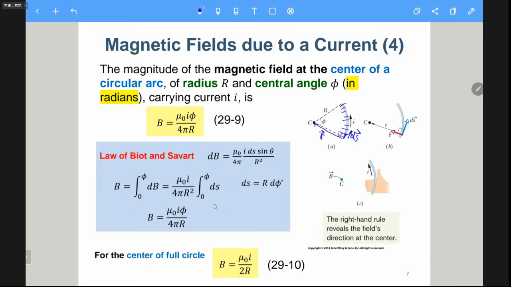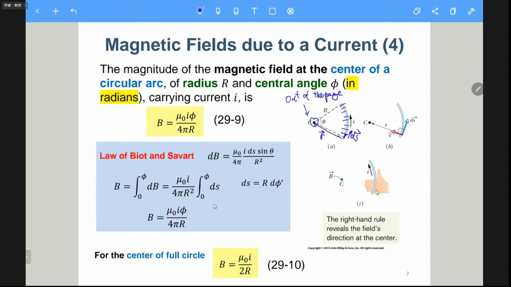So consider you use a forefinger pointing to this side and then cross to out. Then you know that the magnetic field here is pointing out of the page. So yeah, like this.